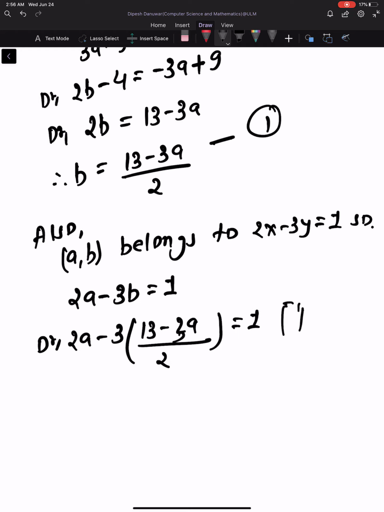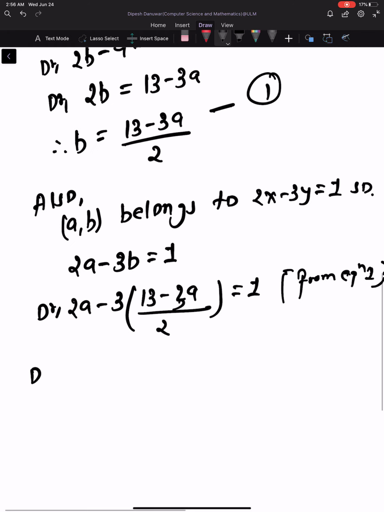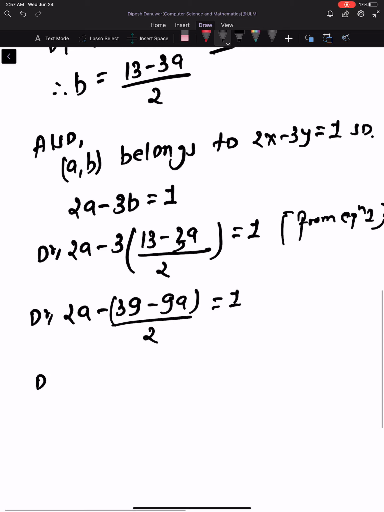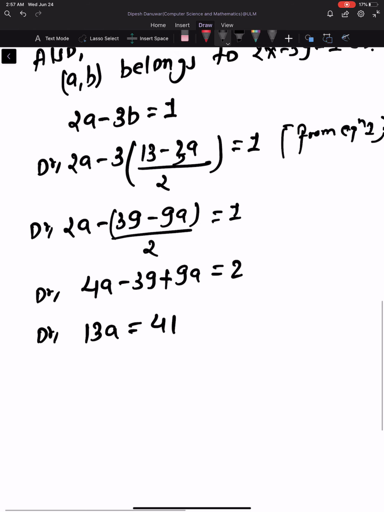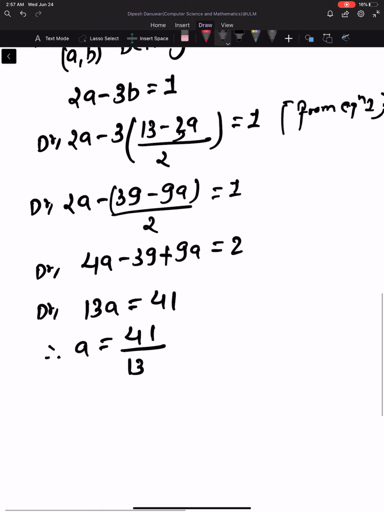That will be 2a minus (39 minus 9a) by 2 is equal to 1, or 4a minus 39 plus 9a is equal to 2. So that will be 13a is equal to 41.